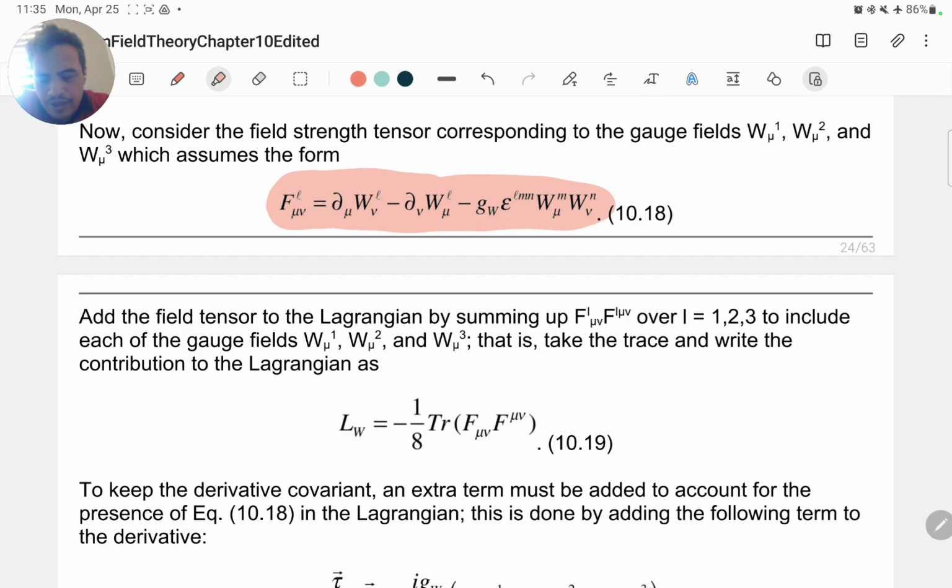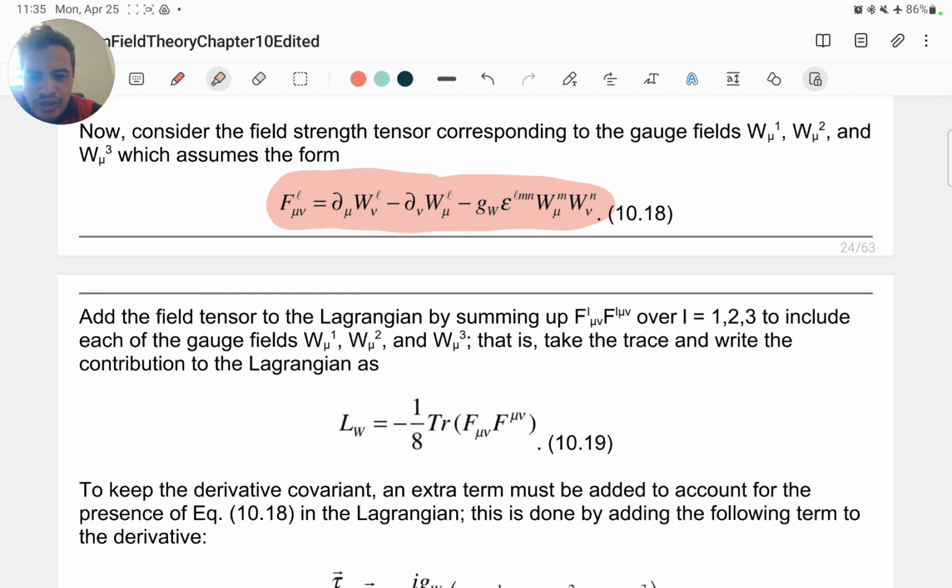Now since we have three gauge fields, we then add the field tensor to the Lagrangian by summing up F mu nu L F L mu nu over L equals 1, 2, 3. That's to include the three gauge fields W mu 1, W mu 2, and W mu 3.